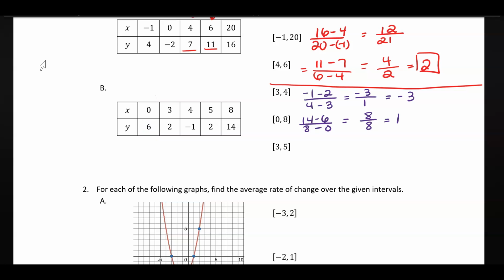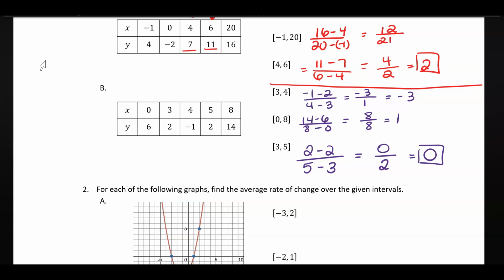All right, our last one here is 5 and 3, looking at 2 and 2. So I have 2 minus 2 all over 5 minus 3, so I get a 0 over 2, which is equal to 0. So that's going to have a 0 rate of change, and it makes sense, right, because it's not changing at all in that y value.